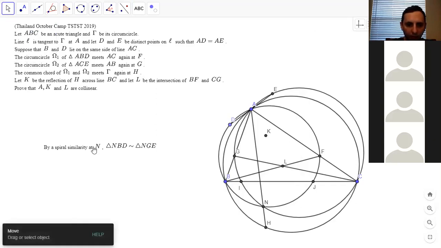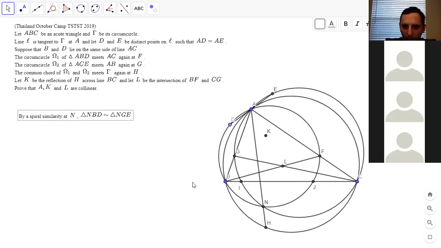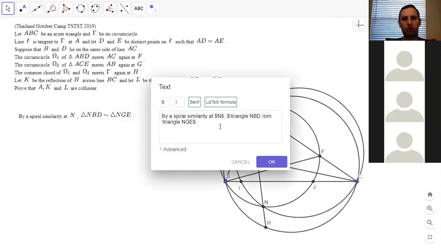So NBD is equal to NAE, which is NGE. Okay, and yeah, so it's by spiral similarity or an angle chase.